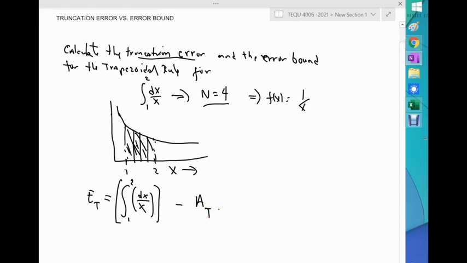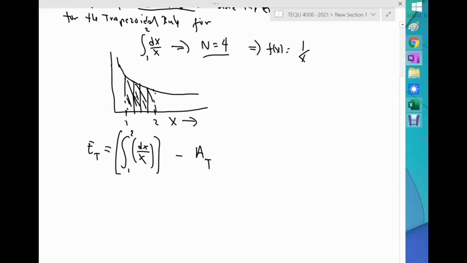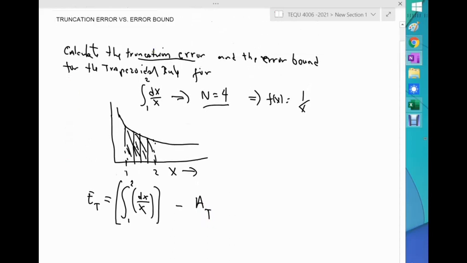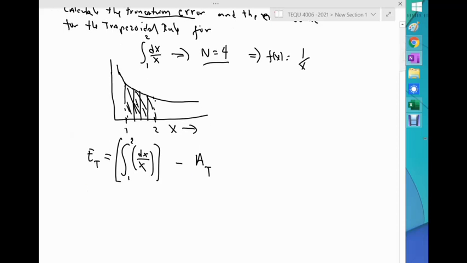All right, so if we do that, then we will be able to calculate the truncation error. In fact, if you do an expansion in the Taylor series, you will get an approximate truncation error that will look like this.